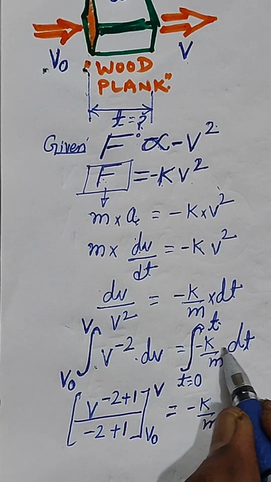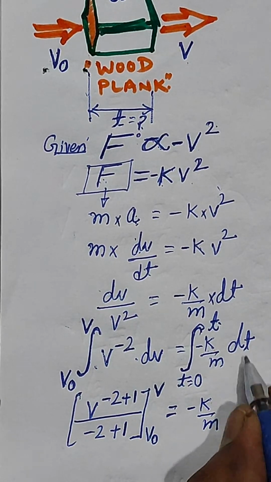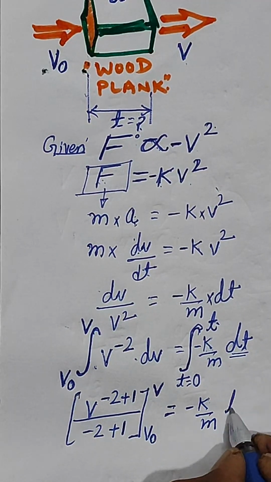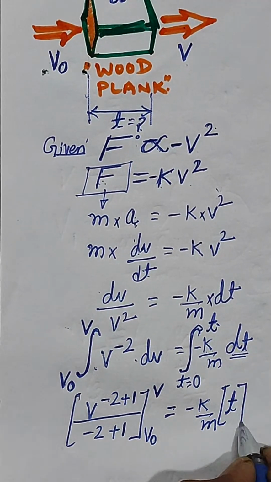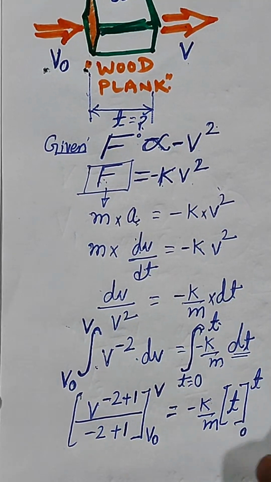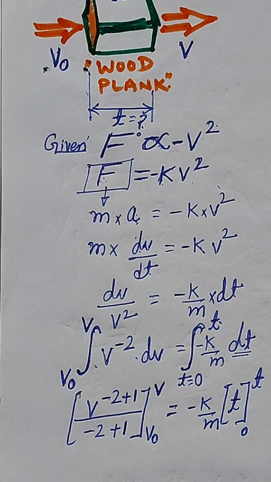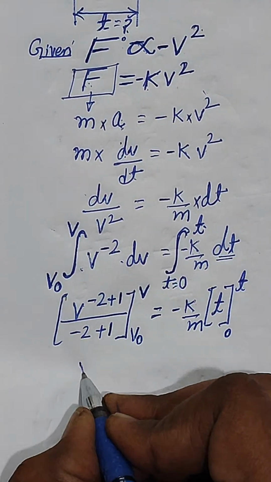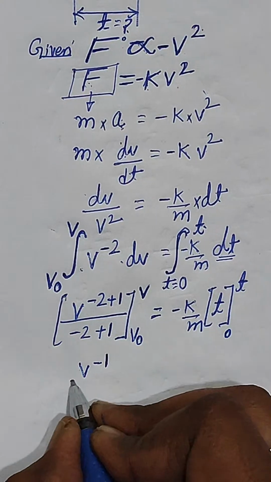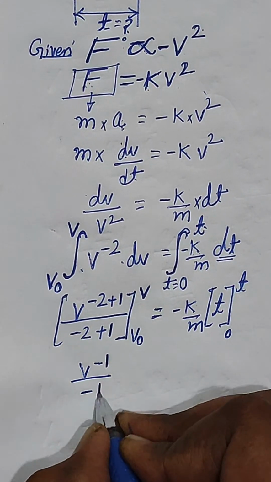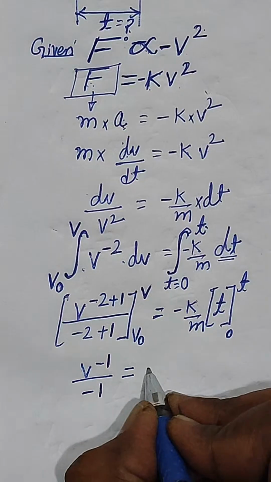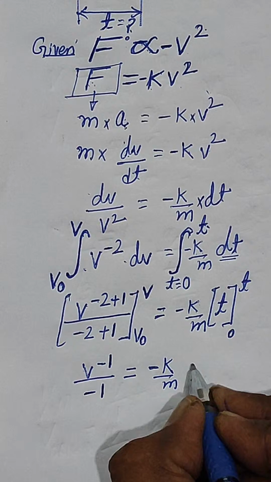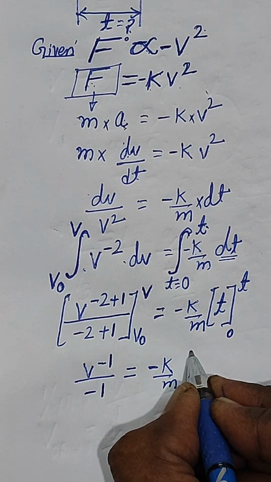Integration of dt is definitely the variable with respect to which the integration is happening, so this will become t, and the value will vary from 0 to t, right? So this will give you v power minus 1 by minus 1 is equal to minus k by m into t.